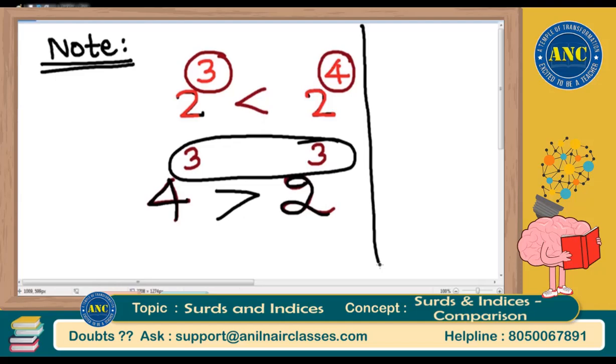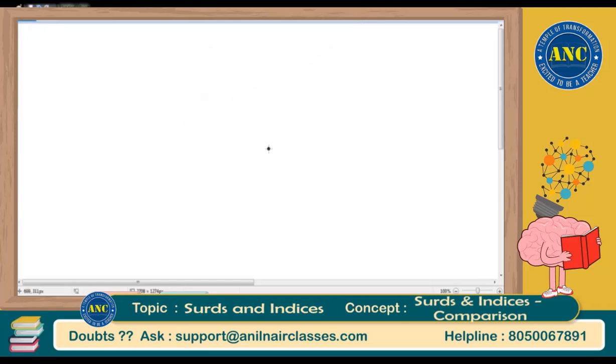Now we can solve questions wherein multiple questions were asked in our examination. How you can actually find which value is the greatest, or how you can actually find which value is the smallest.